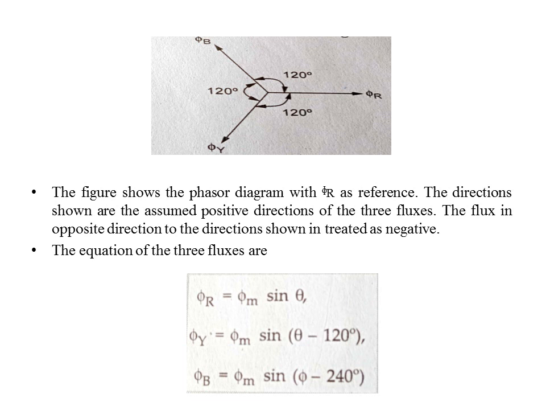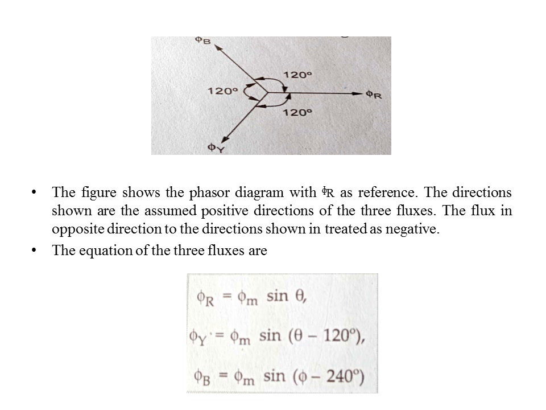So you can write this in terms of equations. If you consider the flux phi R with the red winding, phi R is equal to phi m sin theta. Then phi Y is lagging with respect to phi R by 120 degrees, so phi Y is phi m sin(theta minus 120 degrees).